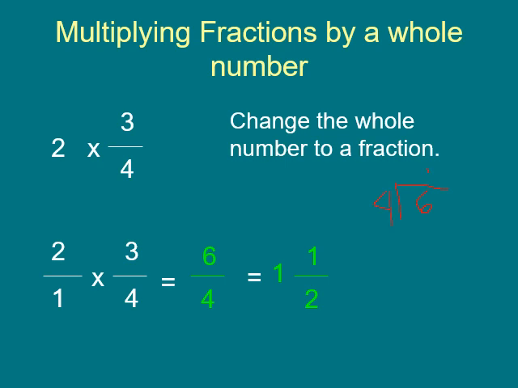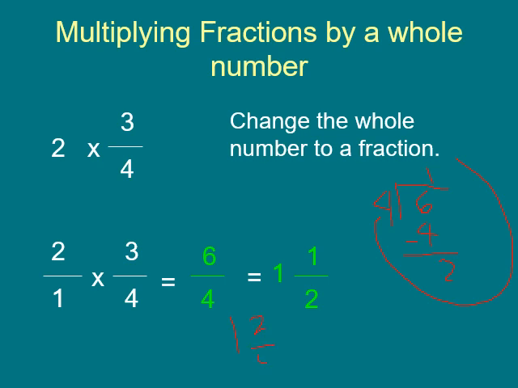Meron tayong 1. Multiply it, so it will be 4. Then subtract, will be 2. And we came up with the answer 1 and 2/4. So, ibig sabihin, itong 6 over 4 ay magiging 1 and 2/4.